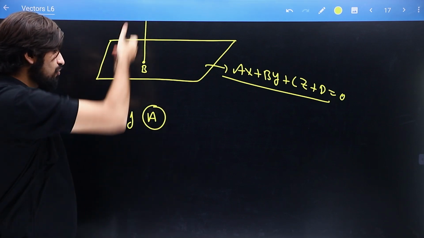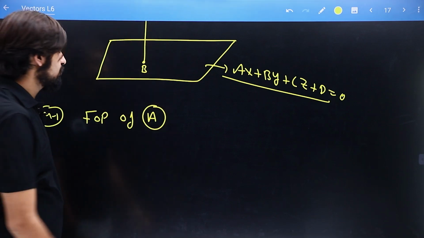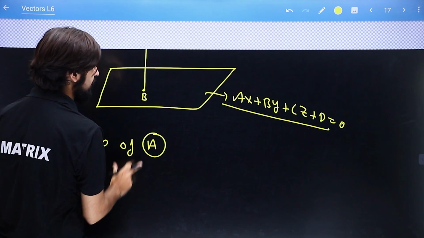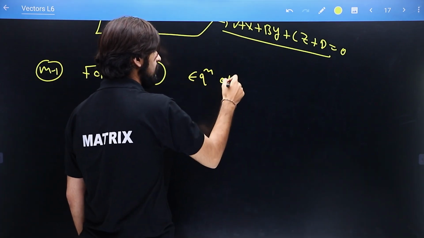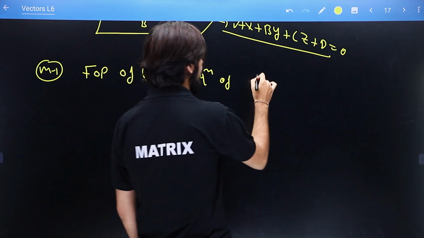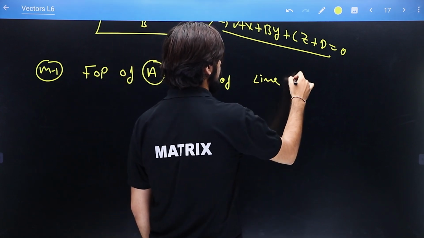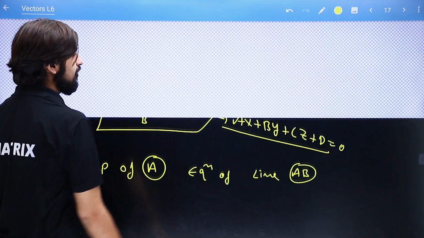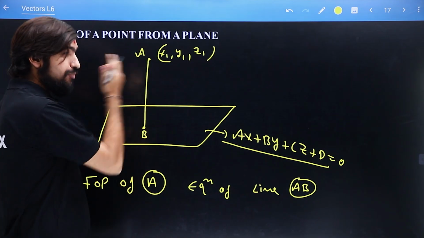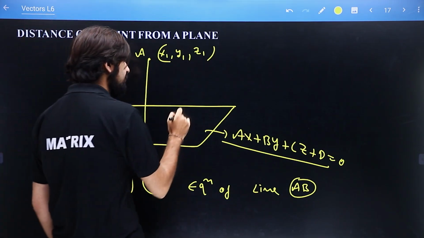Because we can find the image also. So how are you going to find the foot of perpendicular of A? You can find the equation of line AB. For the equation of the line you require one point and one direction. The direction will be the normal vector.